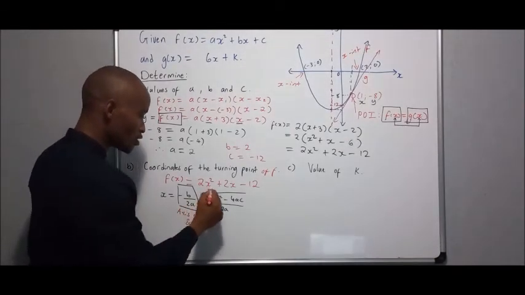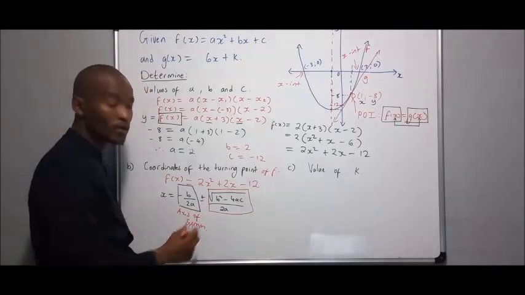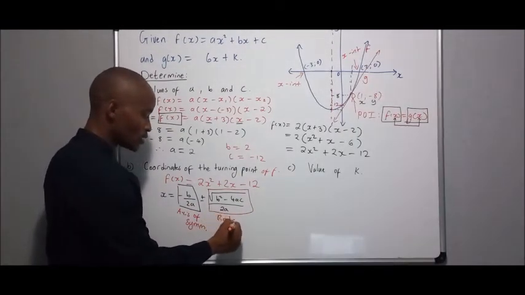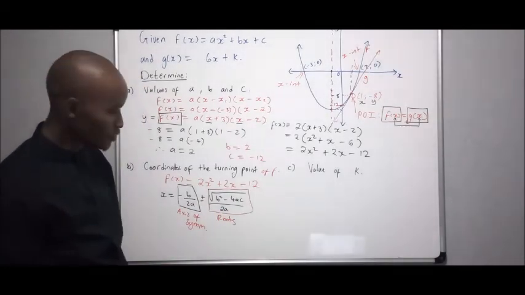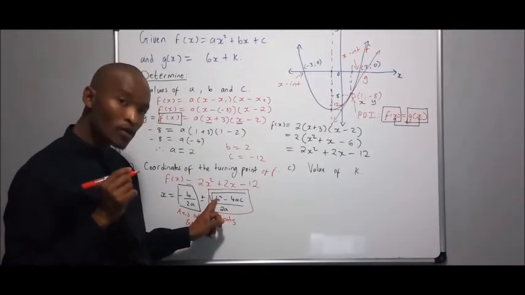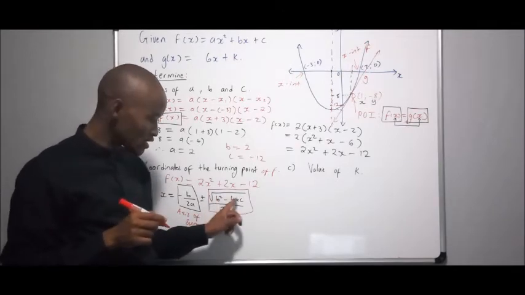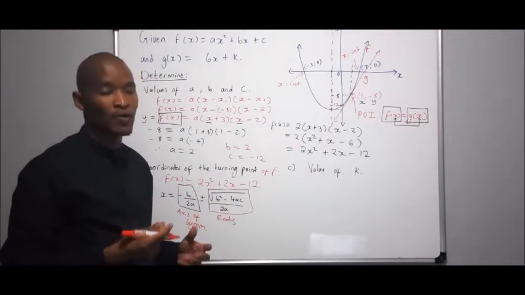So be conscious of this fact, that this will help us to determine the roots. And that's why when we talk about nature of roots, when we classify nature of roots, we use the discriminant, b squared minus 4ac.